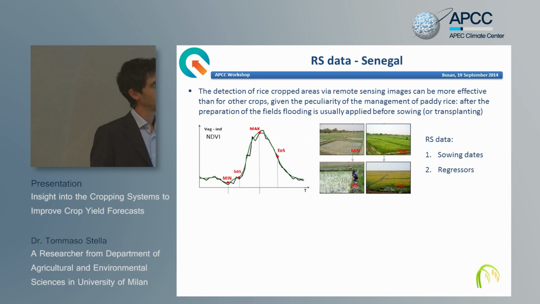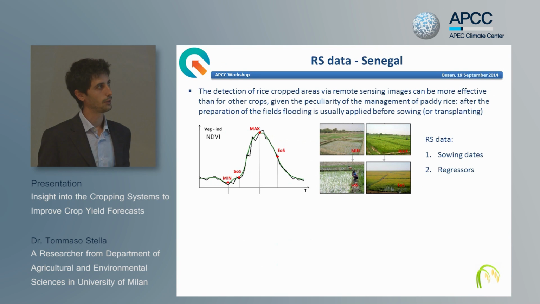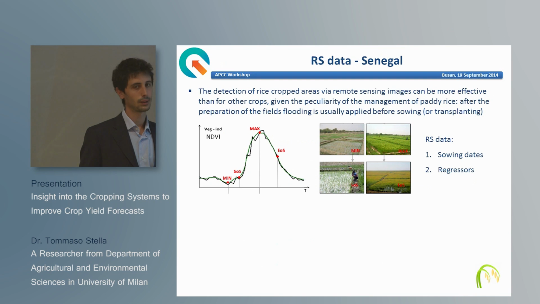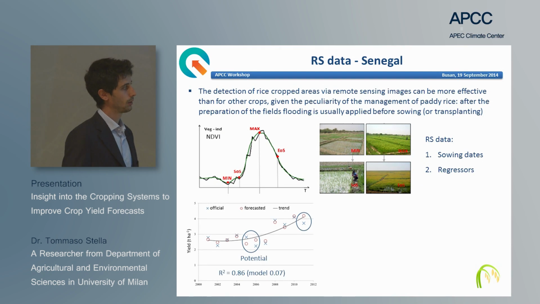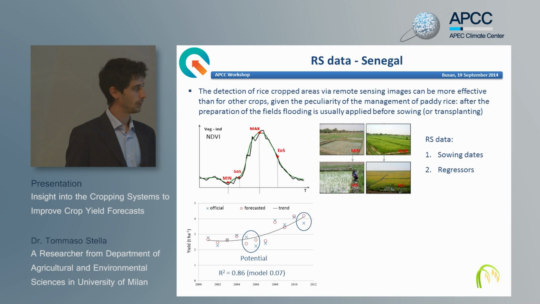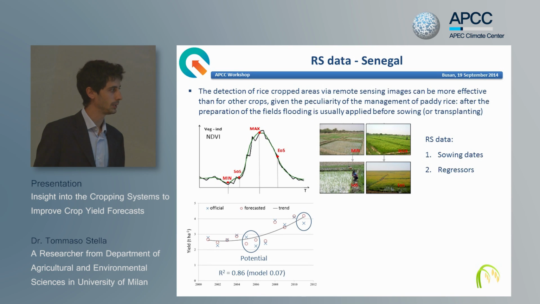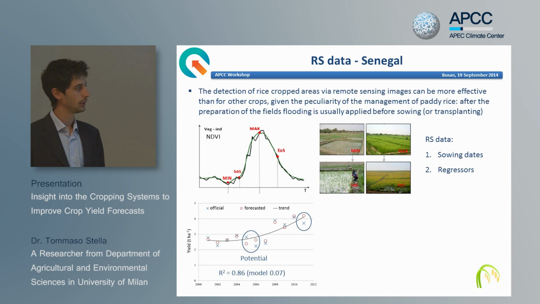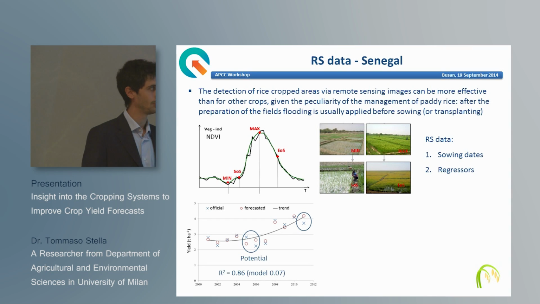And in this case, we use remotely sensed data both for understanding the sowing window and directly as regressors in the forecasting system. And again, these results, we already saw them. And we saw that there is quite good accuracy in prediction, but note that the model in this condition explains just the 7% of the interannual variability.